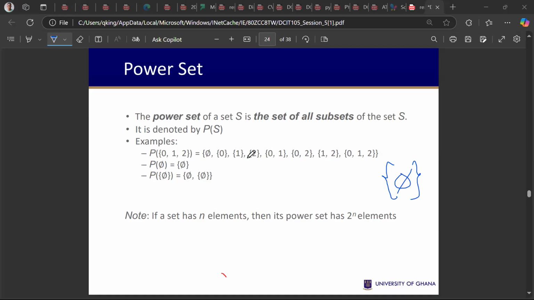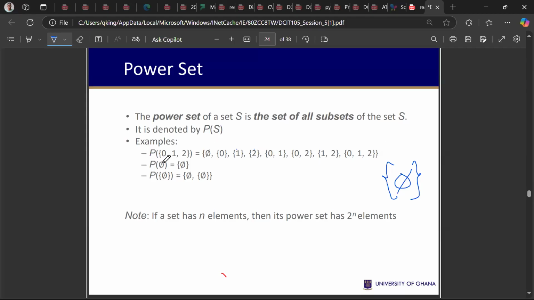So 0 and 1, 0 and 2. Then we are done mapping the 0 with all the other elements. So we now come to 1 and 2. When we are done, we bring all of them together: {0, 1, 2}.